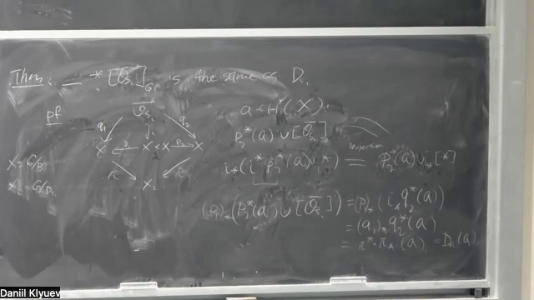I think that convolution should also be a special case of convolution on X cross X, but the second part is constant.